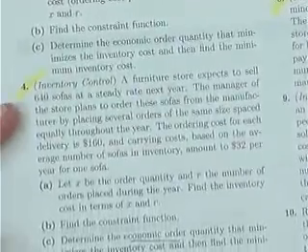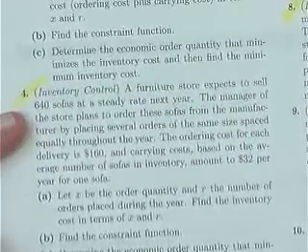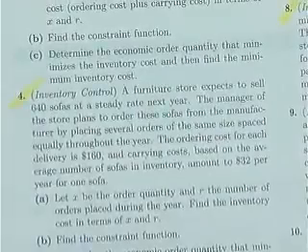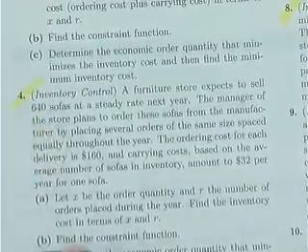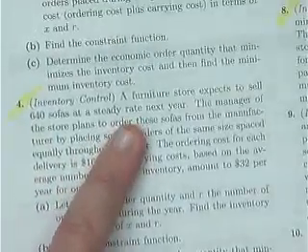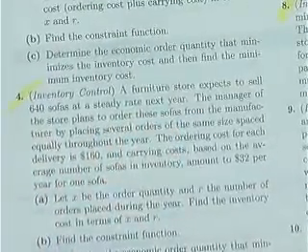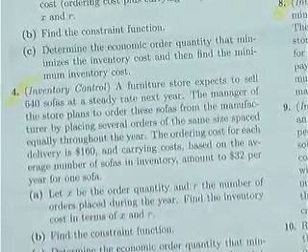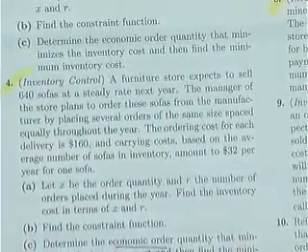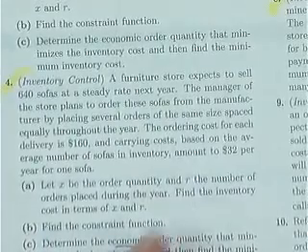Problem number 4: a furniture store expects to sell 640 sofas at a steady rate next year. They expect to sell 640 sofas, and just consistently they're going to be sold out of the store. I mean, that's the only way you can figure these.